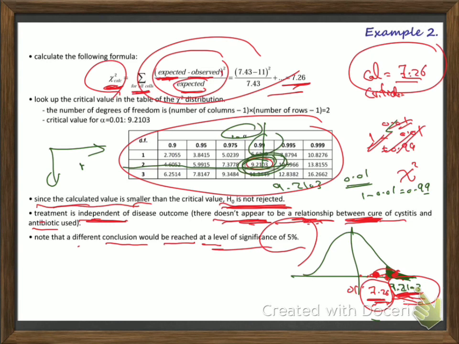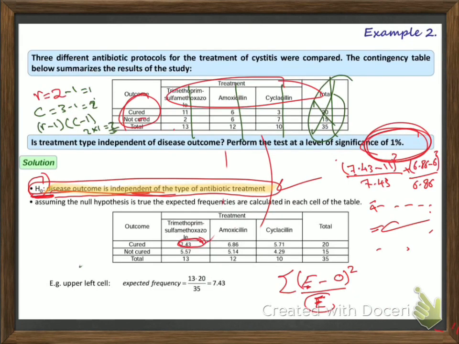They are independent, okay? You have to remember that we have done this calculation for the significance level of 1%. If we change this significance level from 1% to 5% or 10% or 7% or 3%, the result may be different, okay? It might be different.